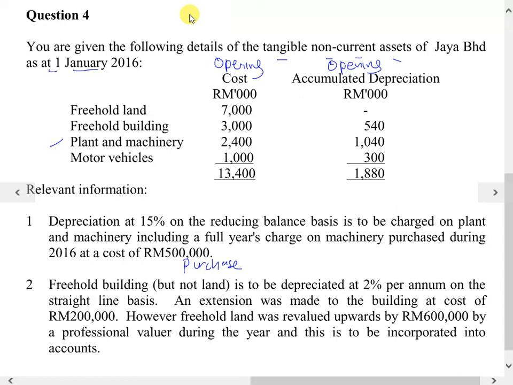This is my balance on 1st January. 1st January means opening cost, opening accumulated. Can we find opening net book value? Opening cost, opening accumulated, opening net book value, correct? Agree? How to find net book value? Cost less accumulated. Opening cost, opening accumulated, opening net book value. Correct?